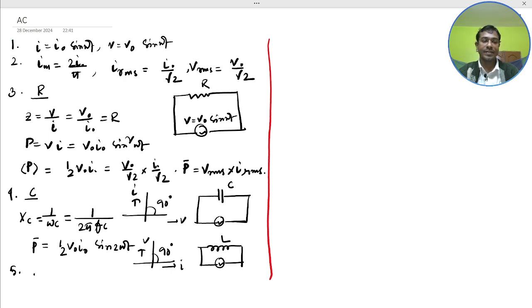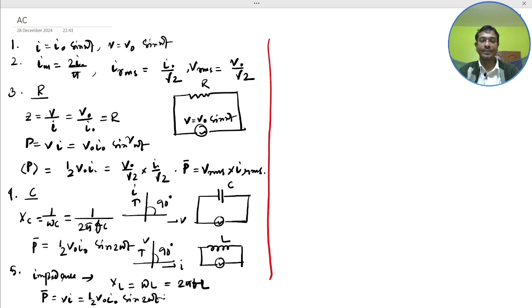So here the reactance XL is equal to omega L is equal to 2 pi FL, and here the average power P average equal to VI, just put this value, half V naught I naught sin 2 omega t.